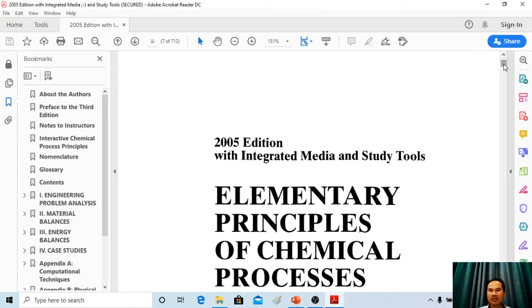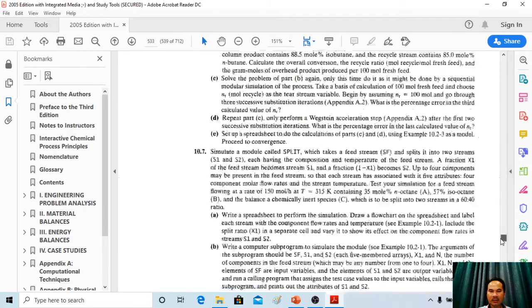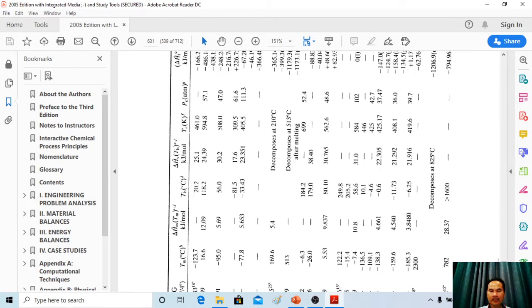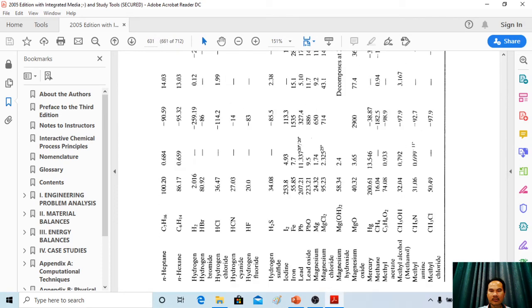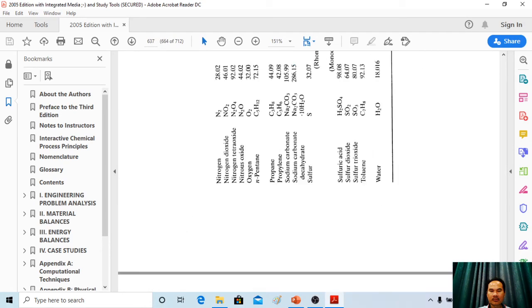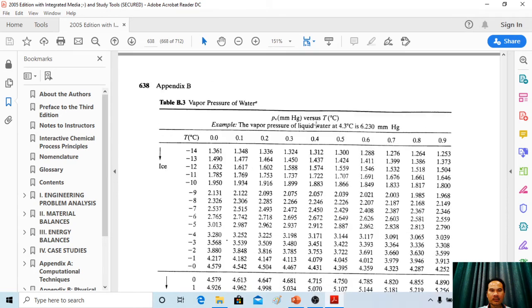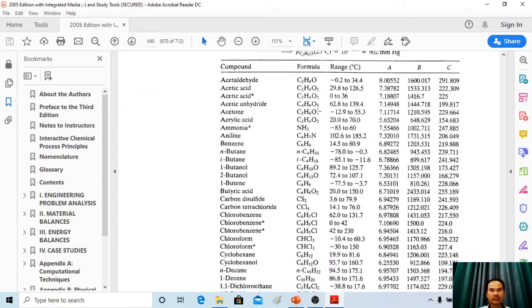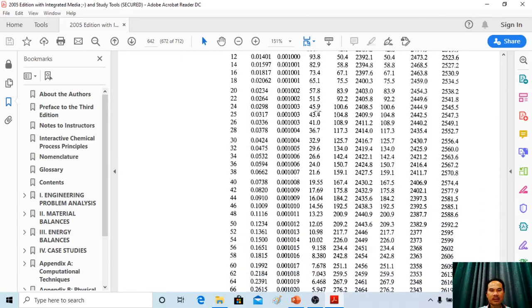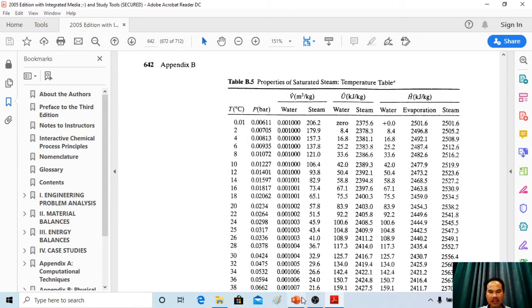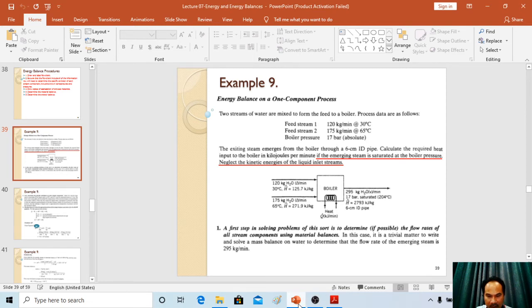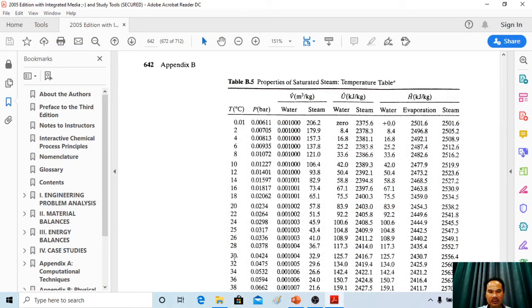It is a table in the appendix, the steam table. The first one is 75 degrees Celsius. How about the enthalpy of the saturated liquid water at 30? Liquid water is 125.7.